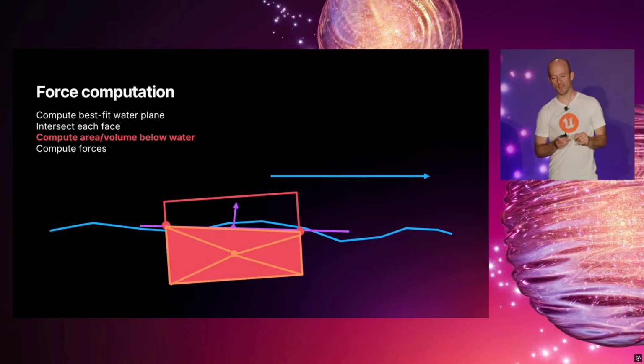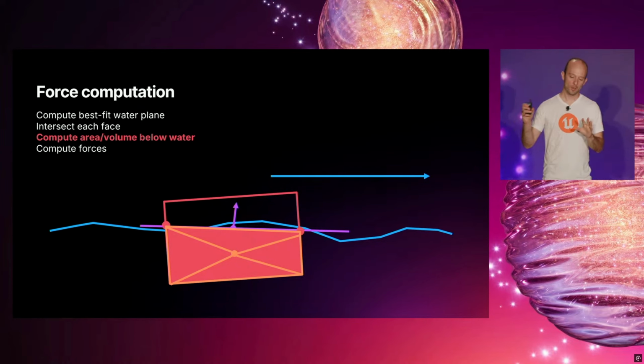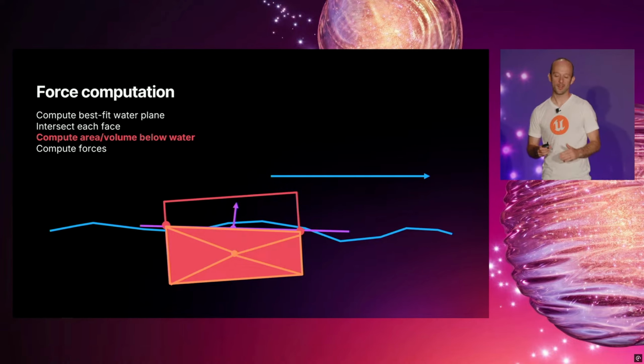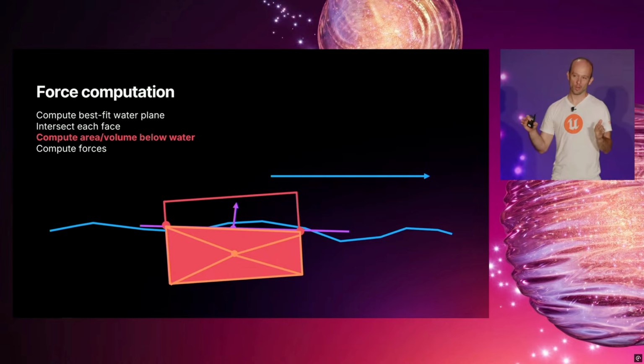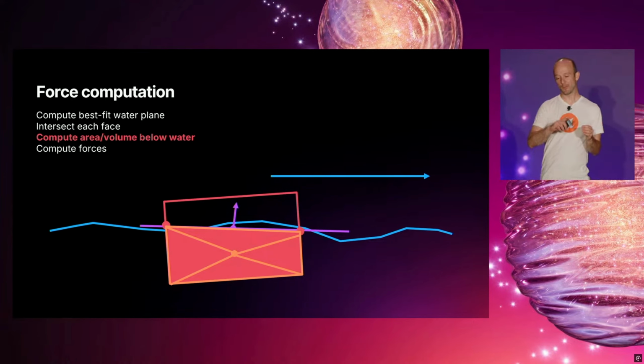And one thing to note here, I said we have one plane per object. You can imagine in theory that instead of having one plane that gives this very approximate integration, there are algorithms out there that have a very accurate intersection between the water surface and your convex hull.